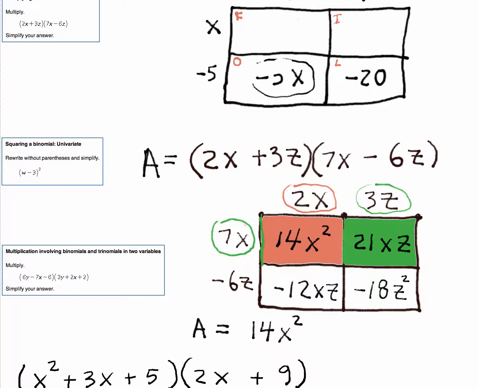And now notice we have 21xz minus 12xz. I believe that is just going to be a plus 9xz. And then it's a minus 18z squared. Okay.